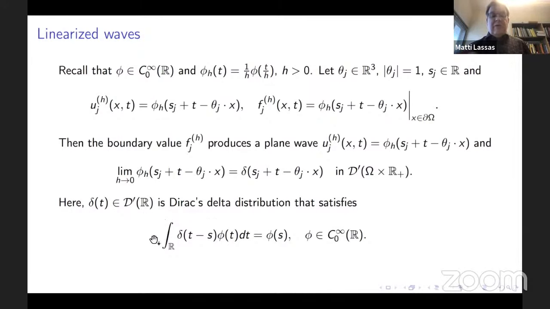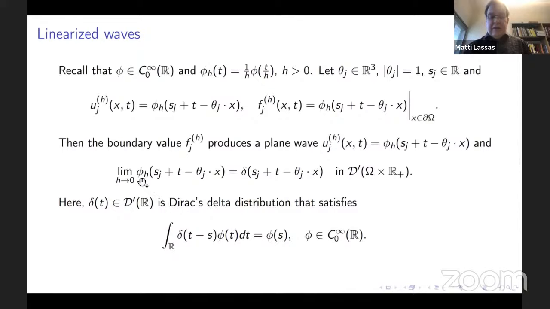You can think of it as a function, as physicists do, so that when we integrate this function with some smooth compactly supported function, then this is a measure that has all its mass at the place t equals s. So this integration gives phi of s.